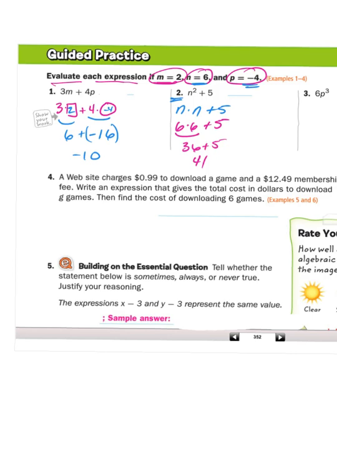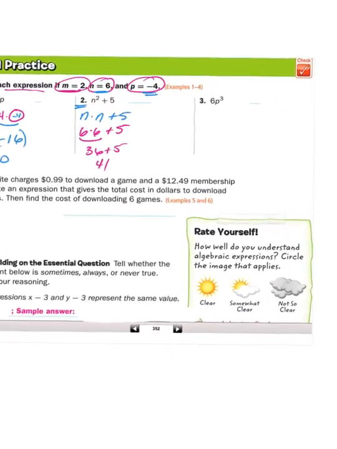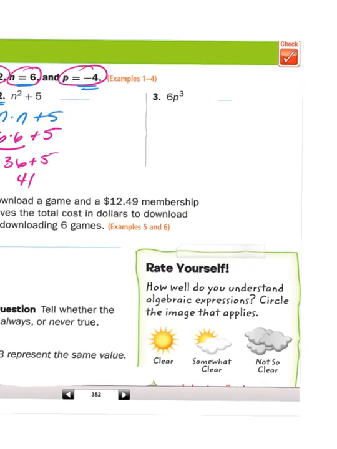And what we need to understand about number 3 is that 6p squared means 6 times p times p times p. And they tell us that p equals -4. So that means we're going to have 6 times -4 times -4 times -4.